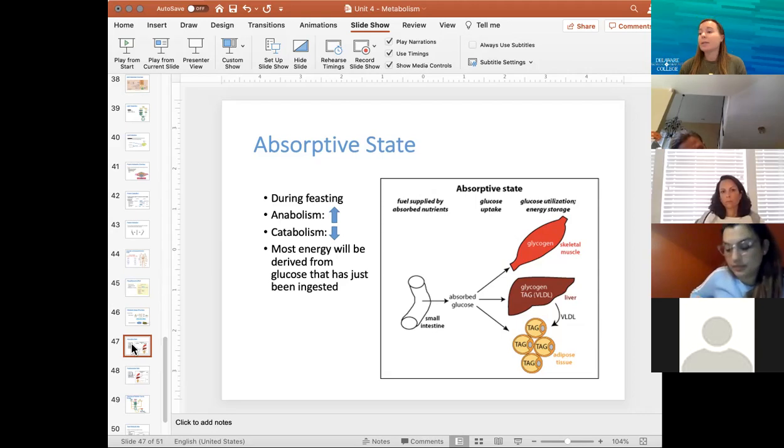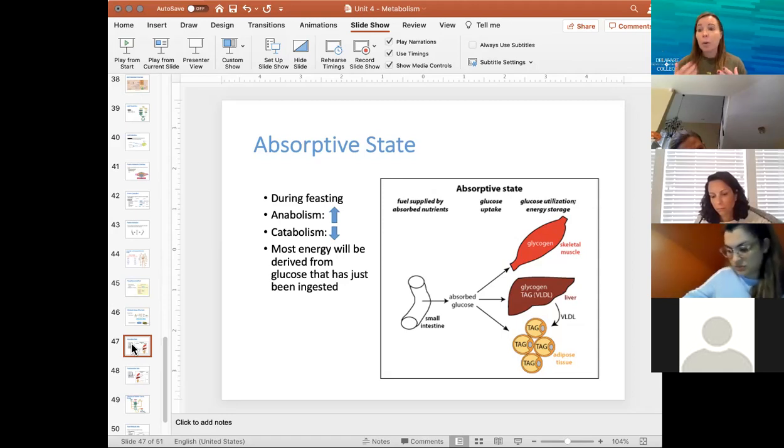So just keep in mind that the next part of this is just filling in the chart where we'll say if these reactions are occurring during the absorptive state or if they're not occurring during the absorptive state. So just really quickly think about the absorptive state and what it means one more time. You've just eaten, so you have all of the nutrients available.